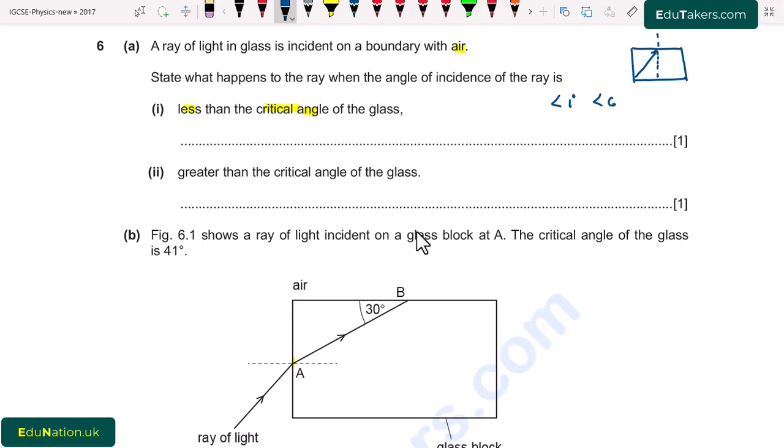So in this case, if the angle of incidence is smaller as compared to the critical angle, then it will go out and change its direction. So there will be refraction. So I write here, the ray travels through the block into air and change its direction. So there will be the refraction.